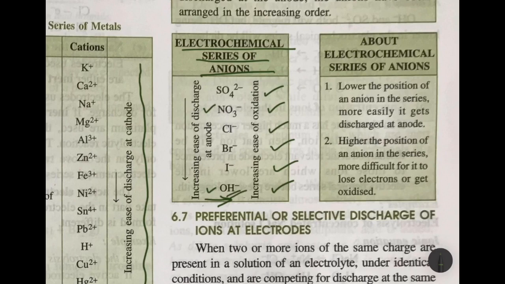Hydroxyl will be discharged first. After all the hydroxyl ions have been discharged, then only nitrate ions will be discharged. So the lower the position of the anion in the series, the more easily it gets discharged at the anode, and the higher the position of the anion in the series, the more difficult it is for it to lose electrons and get oxidized.